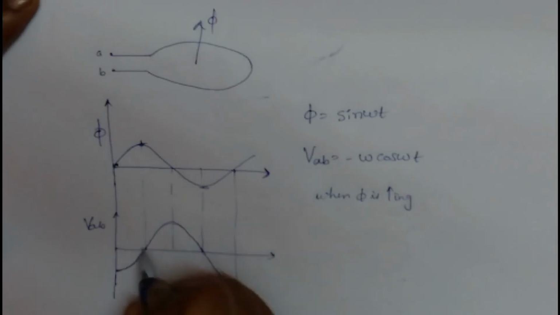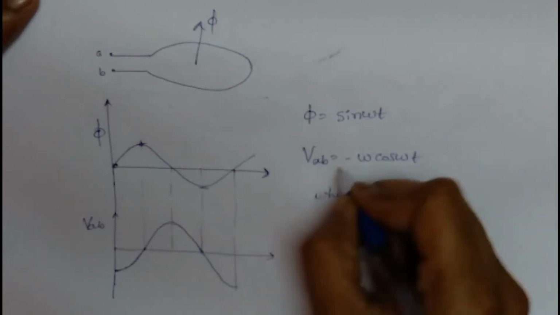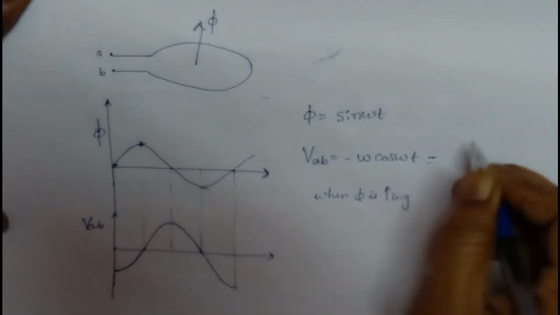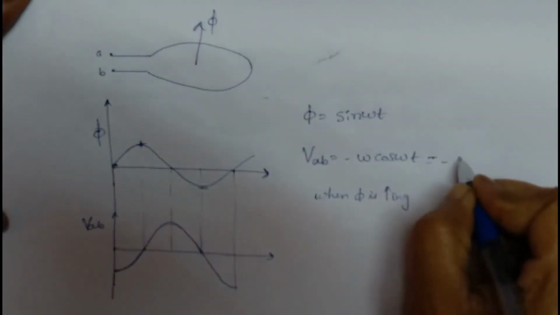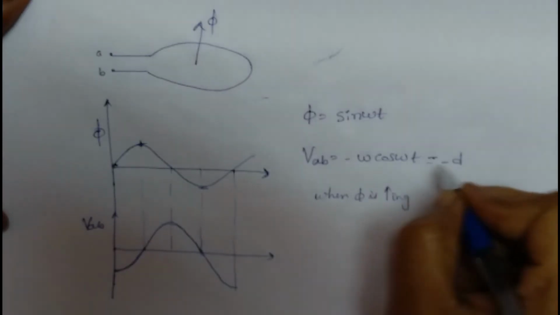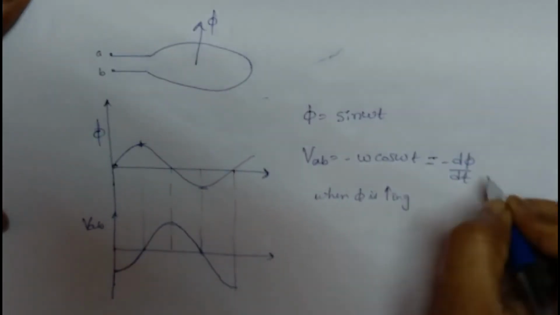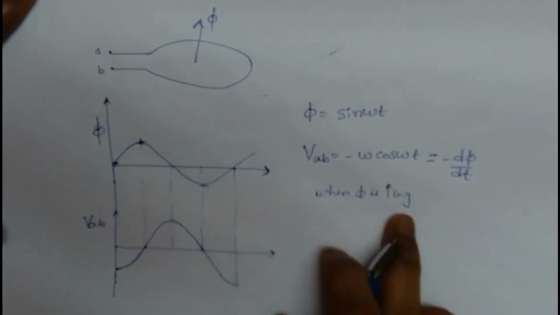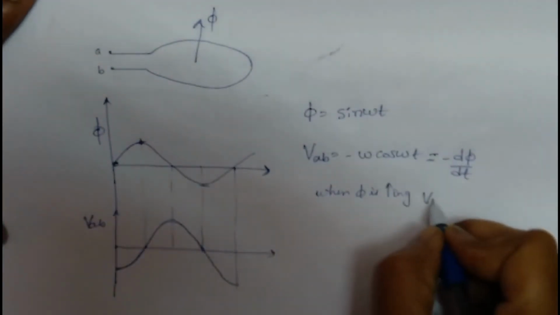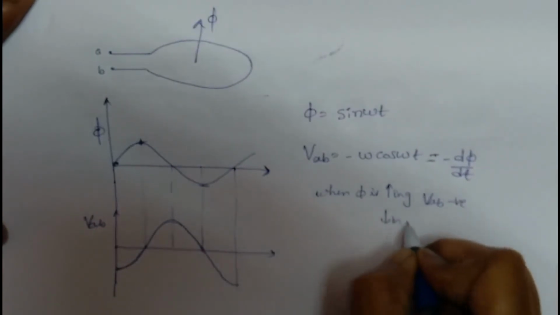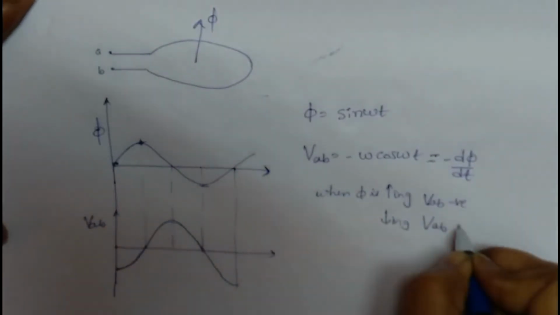and its magnitude is always equal to, including the direction, minus d phi over dt. So when phi is increasing, VAB is negative, and when it is decreasing, VAB is positive.